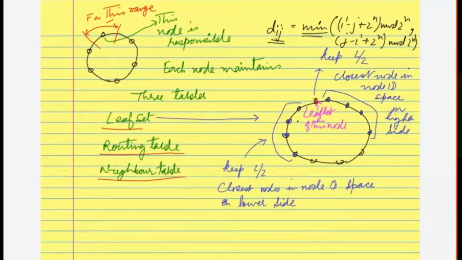So even if some node dies off, this node will always be exchanging leaf sets with all the members of the leaf set. Its leaf set will be given to this person, and this person will be giving the leaf set back to him. So in case some node dies off, they can always repair it and always maintain 8 nodes in their leaf set.